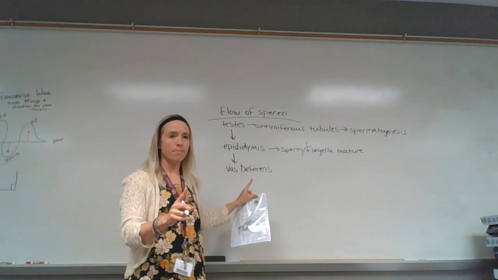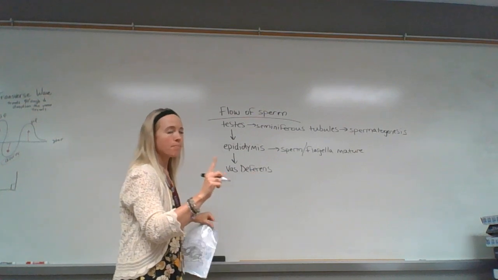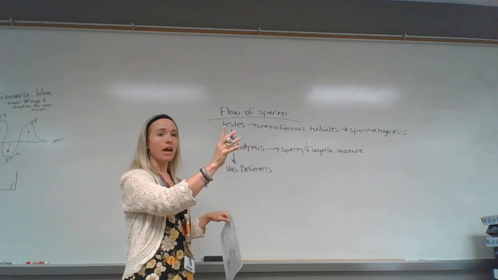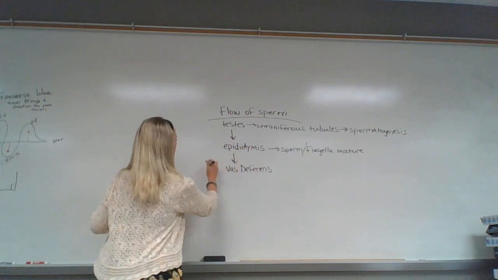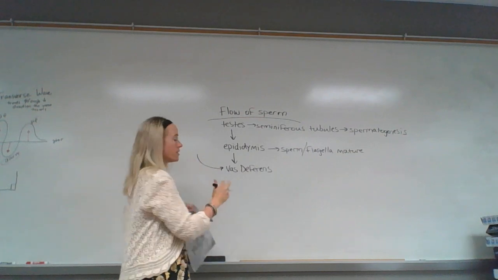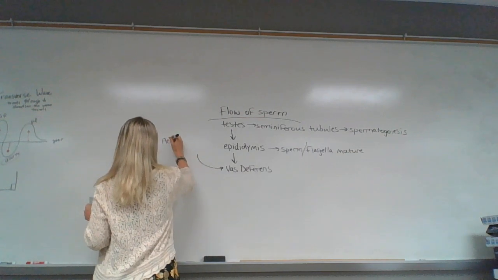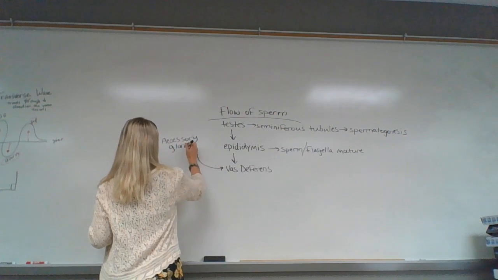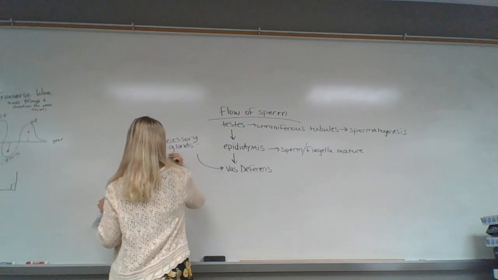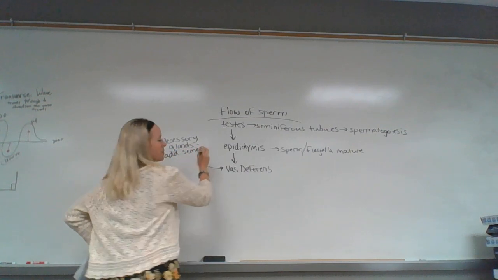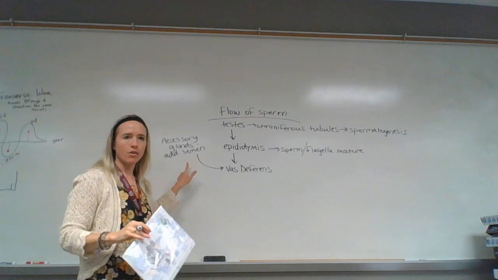Semen is not sperm. It's going to pick up the semen from accessory organs that the sperm doesn't actually flow through. So, just like in the digestive system, how there were accessory organs, there are accessory glands that add semen. Remember that semen is going to be alkaline.